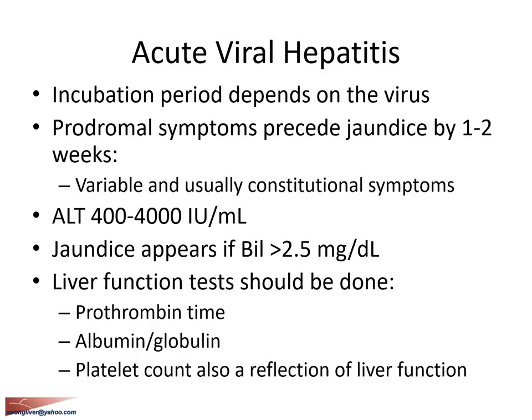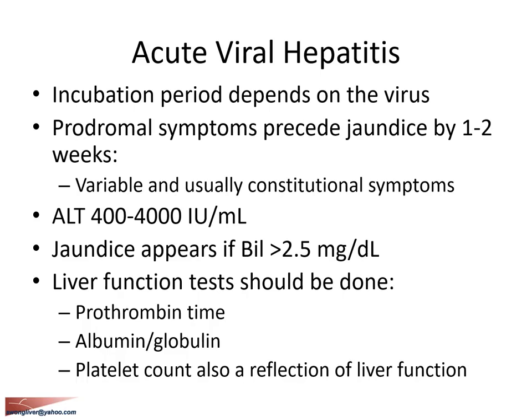That's why if you have a decrease in liver function, then your prothrombin time increases. Your albumin, again, is produced by the liver, and so it reflects the synthetic function of your liver. So albumin decreases in patients with acute liver failure as well, not only in patients with cirrhosis.